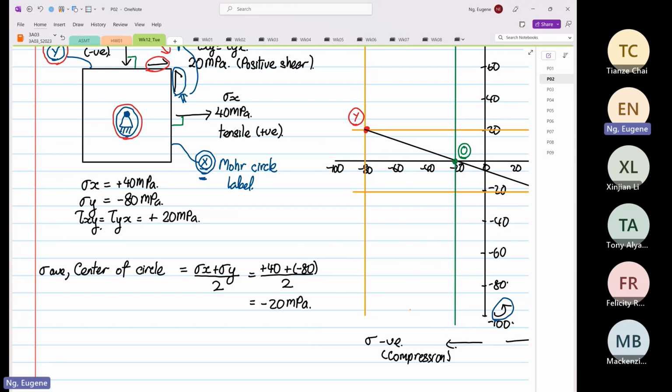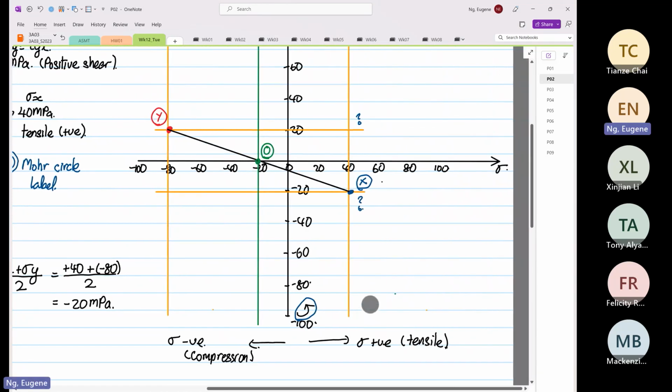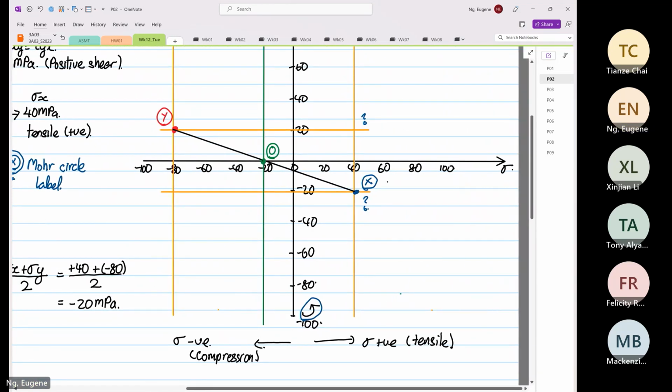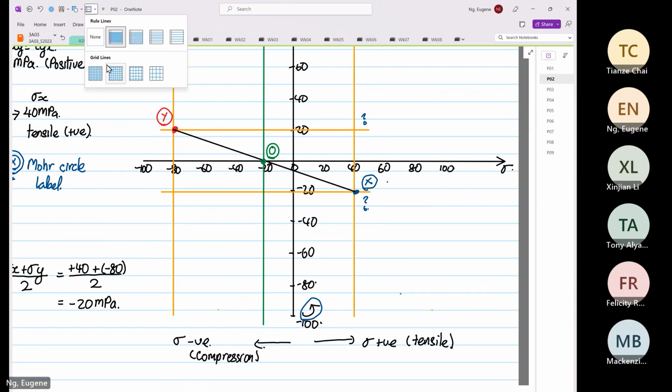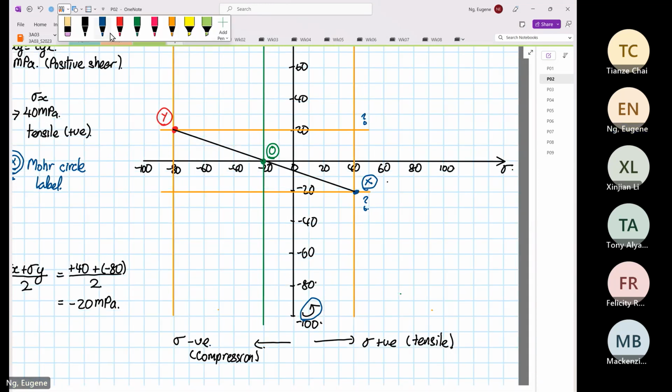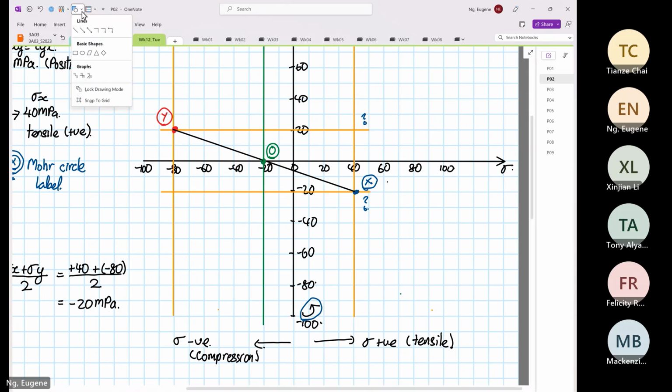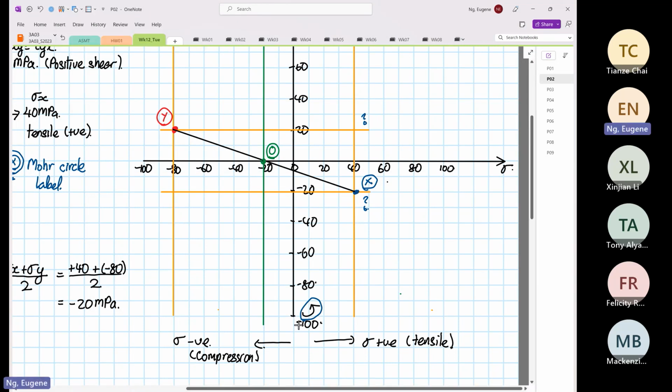There's the center. So the stress average is the distance from 0 to the point where it intersects the normal stress line. This is your stress average.